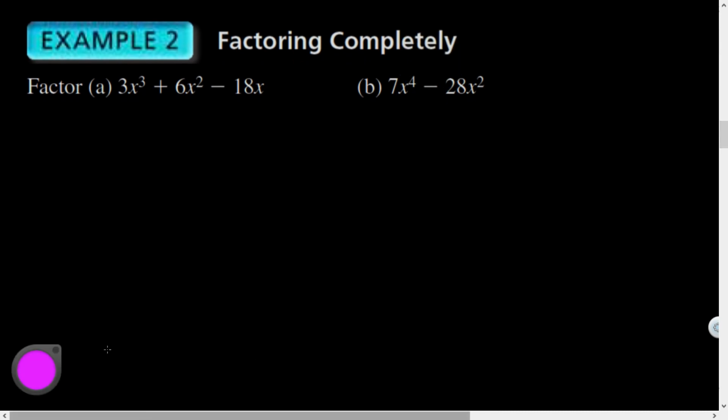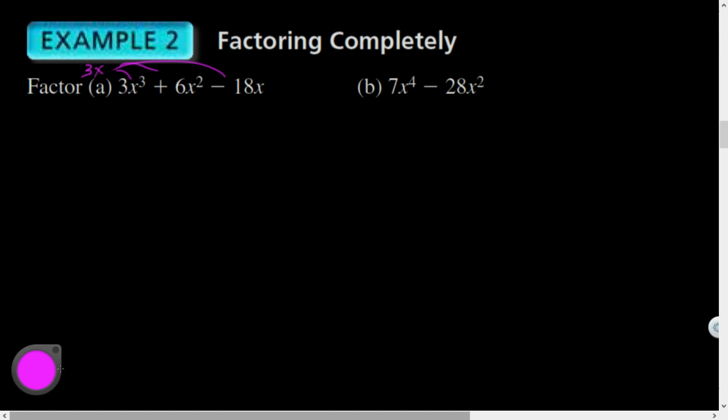So factor completely. All right, for part A here, first thing I should do, I should have left this purple, because I'm going to check to see if I can steal something from all of these. All right, so between 3, 6, and 18, I can steal a 3 from those. And between x cubed, x squared, and x, I can steal an x from everybody, right?